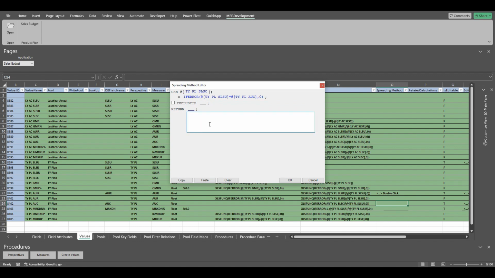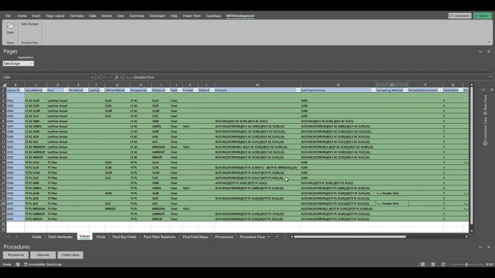In the return, again, if error, in parentheses, this year plan sales cost, divided by, this year plan sales unit. Yes, this is the spreading method for average unit cost.